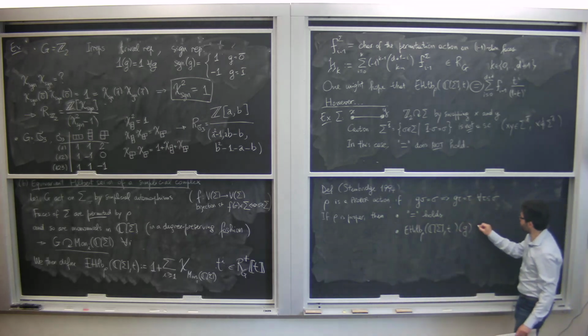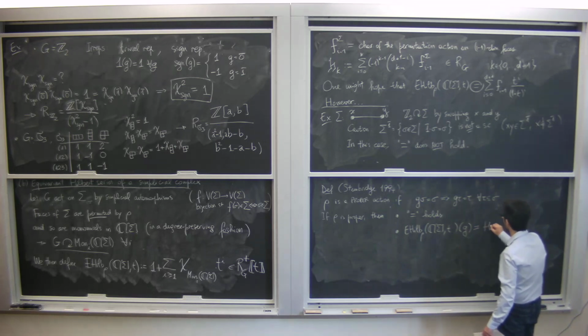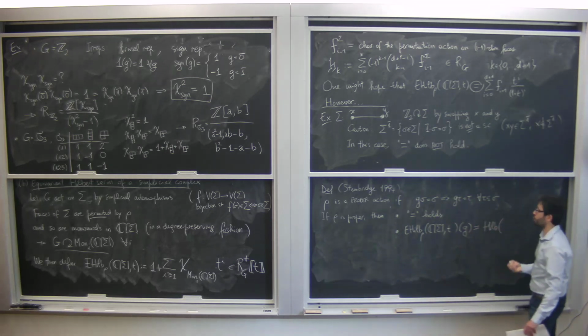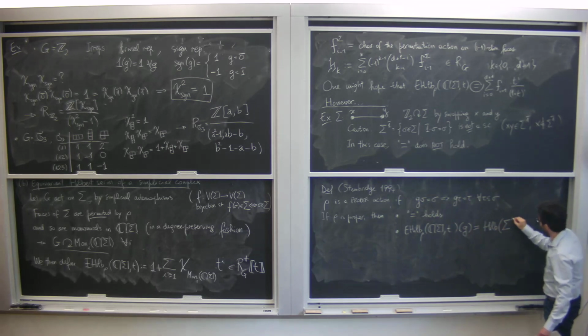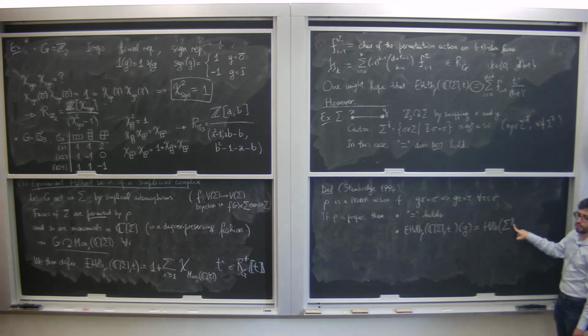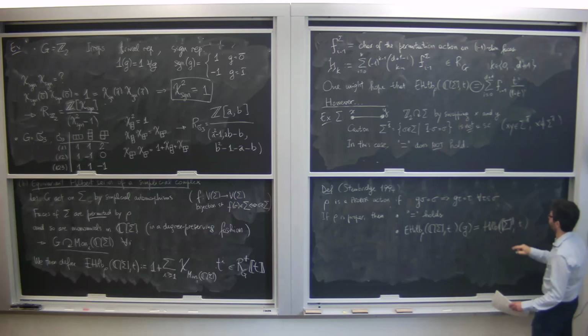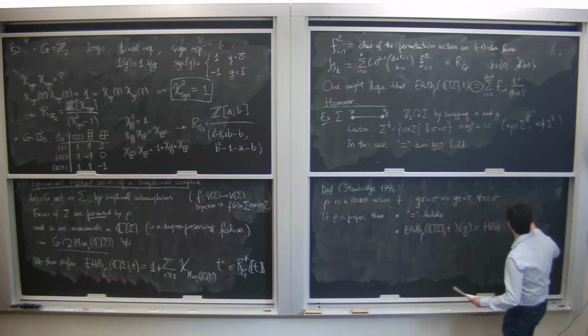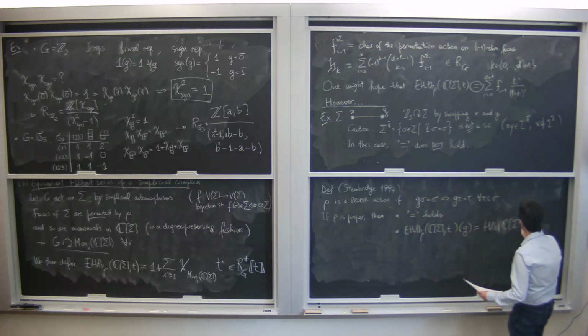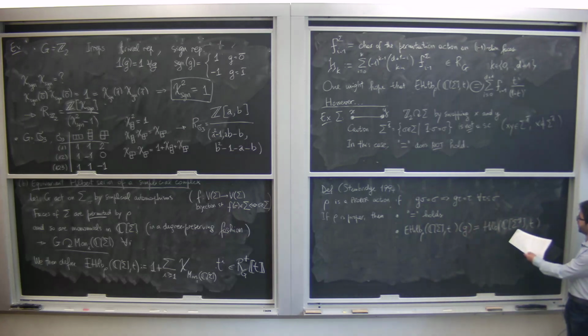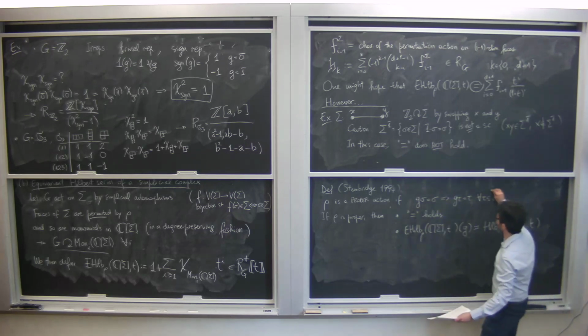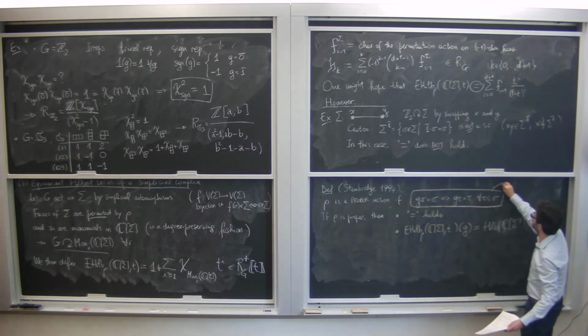What you're going to get is the Hilbert series of whom? Well, of the object that is fixed by the element g. And notice that this thing is now a simplicial complex, just because that's exactly what this condition is saying.